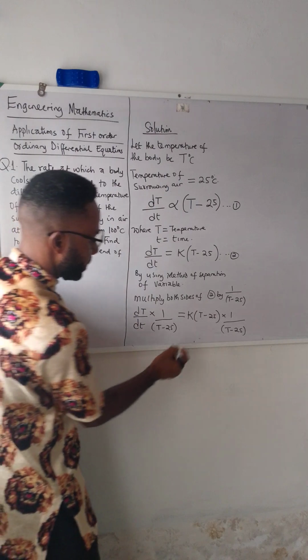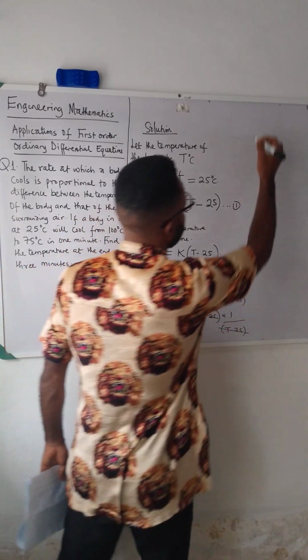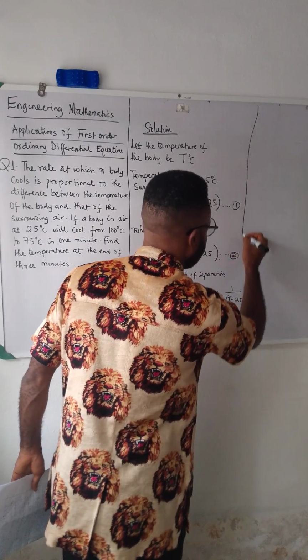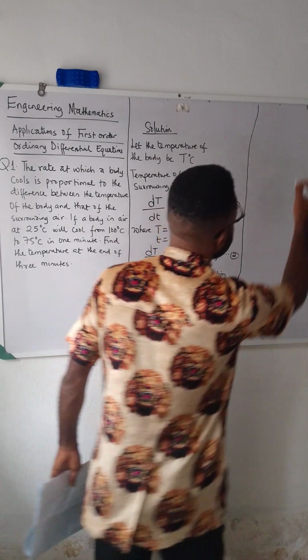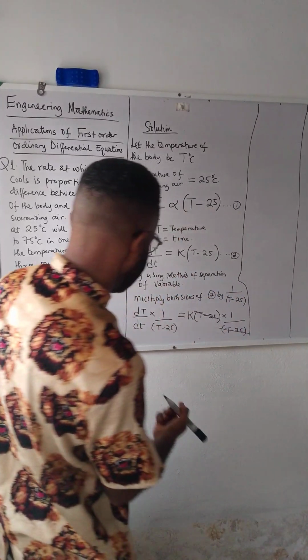If you look at this, we can cancel this out from here, and this will go. And so our next equation is going to look like this.